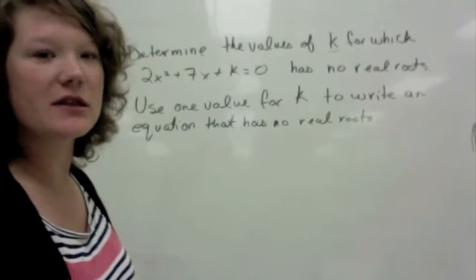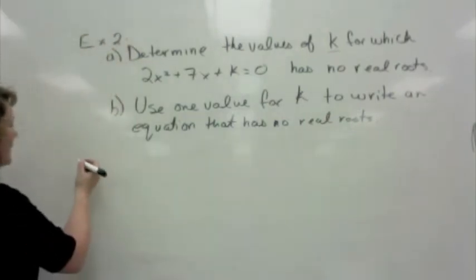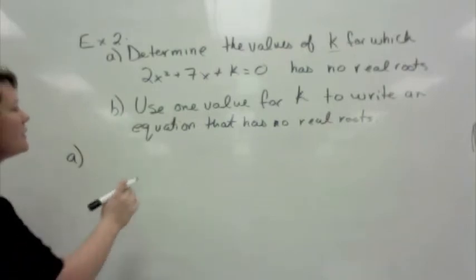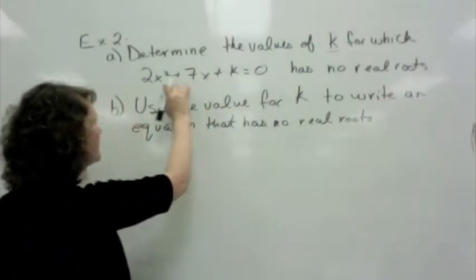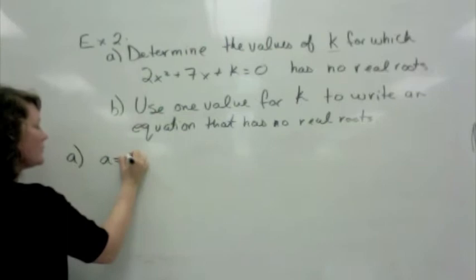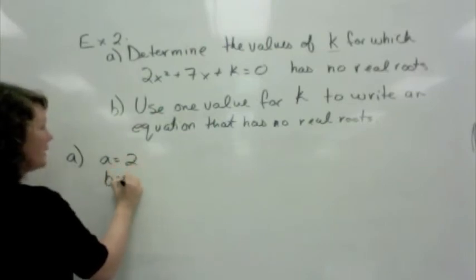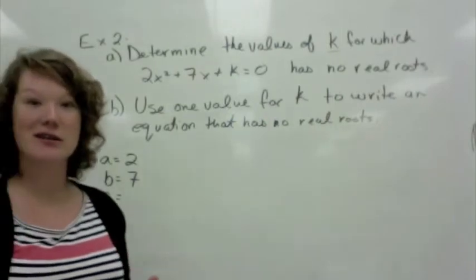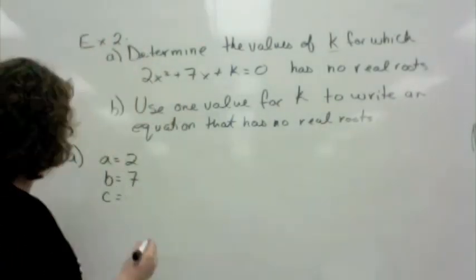First of all, let's just decide what our a equals, our b equals, and our c equals in this equation here. So our a equals 2, our b equals 7, and our c, funnily enough, is just another letter. It's just k.